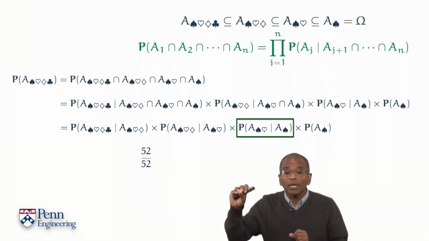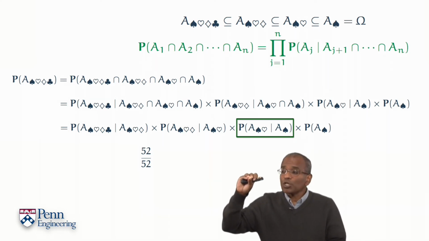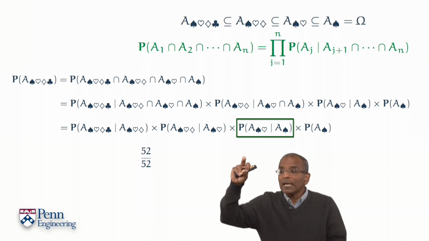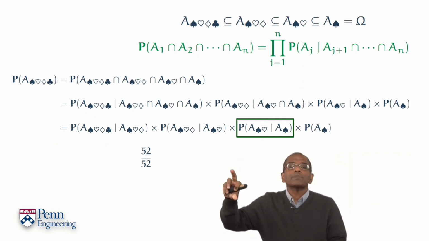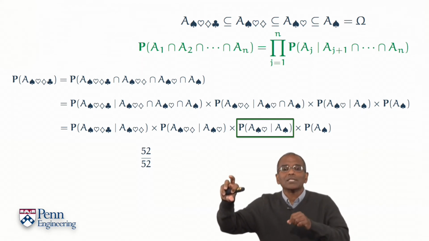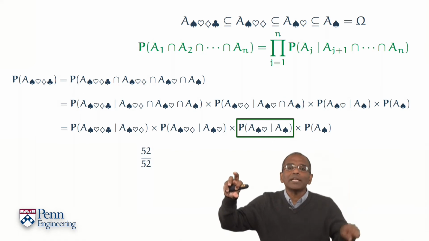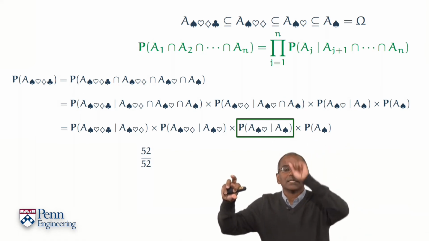But more, we want the ace of hearts to not just land where the ace of spades is, but it cannot land in any of the 13 cards of the player who has picked up the ace of spades. And therefore, the ace of hearts has only 39 remaining locations where it can land.